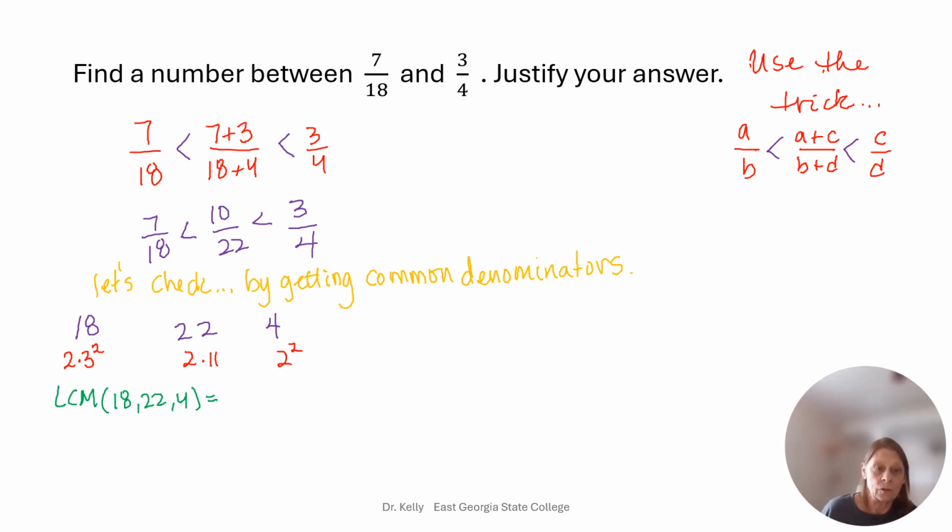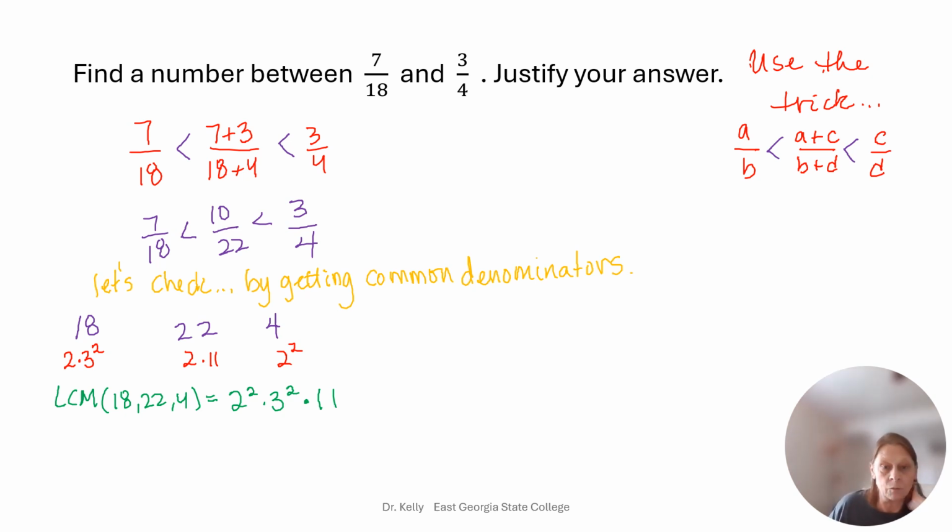So, we're going to need the 2 squared, we're going to need the 3 squared, and we're going to need an 11. This is what our least common multiple is. Now I like to write it like that because then I don't have to think as hard when it comes to what I need to multiply by 18, by 22, and by 4 to get what I want them all to be.